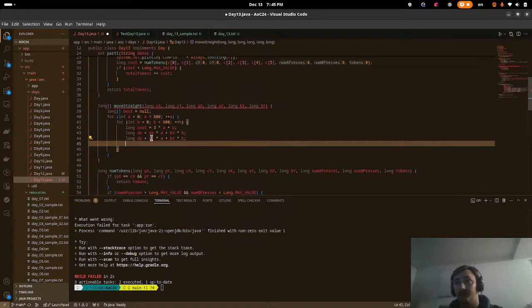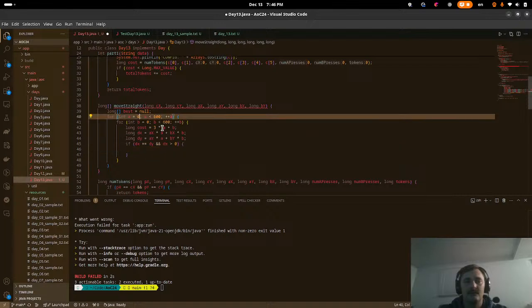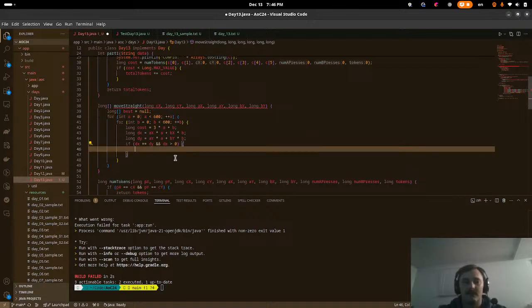And then if the deltas are equal, we're on the diagonal. That's what we want. If delta X equals delta Y, and delta X is greater than 0 is what we want. Honestly, you don't even need that, I'll fix it in a second.